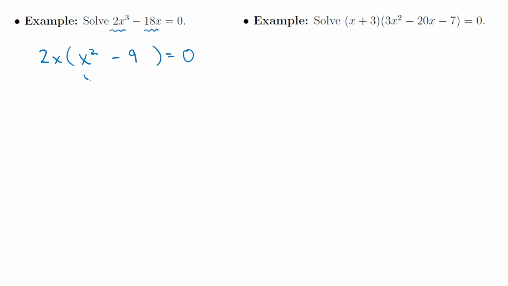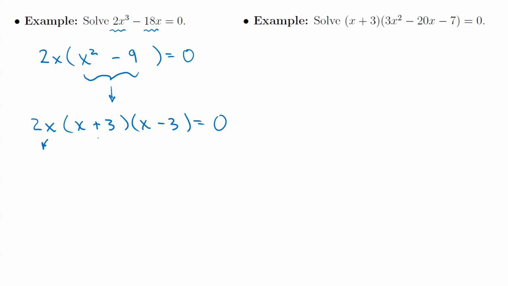And then this right here can be further factored. So I'm going to just leave the 2x out front. And when I see x squared minus 9, I'm thinking difference of squares. And that always factors into x plus 3 times x minus 3.